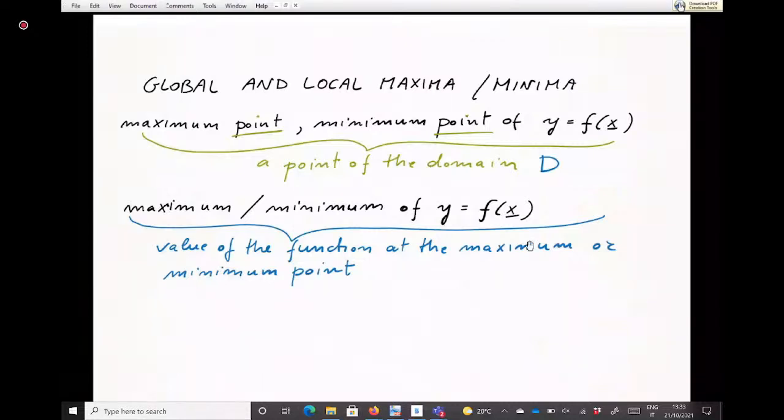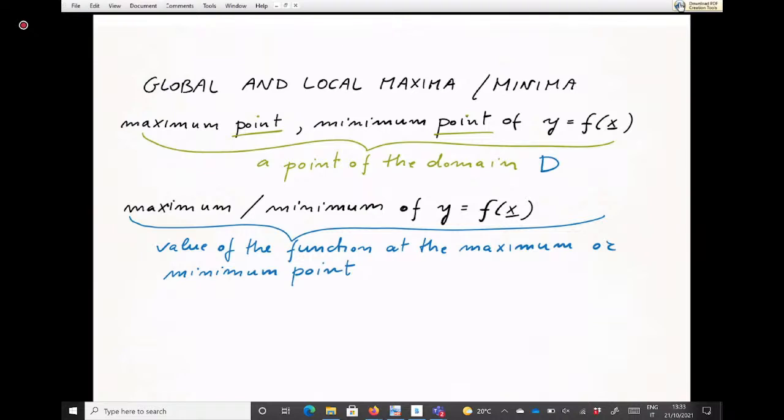So don't get confused. Sometimes students say, the question could be, what is the maximum corresponding to this optimal value? No, the maximum point is a point of the domain. If I select that point of the domain, I get my function maximized, okay?